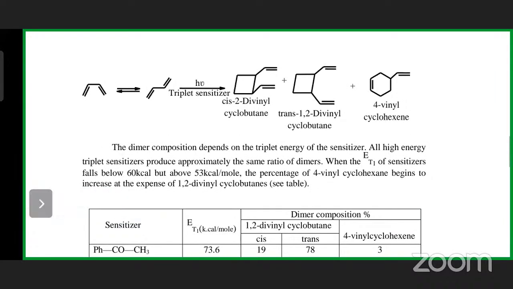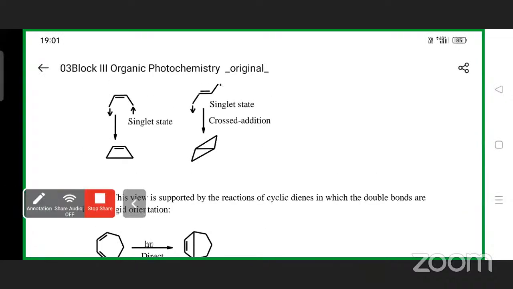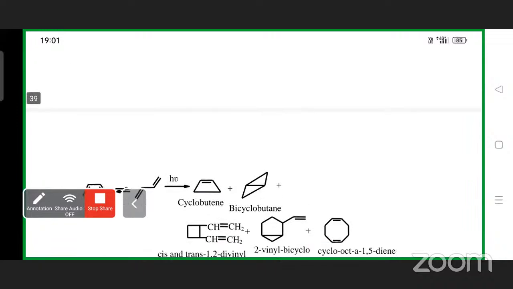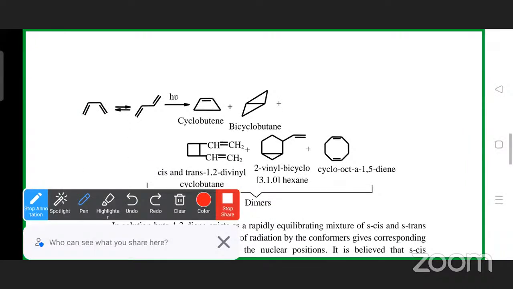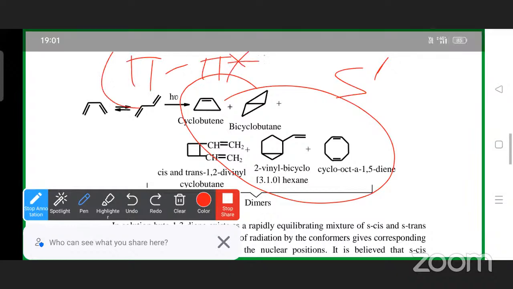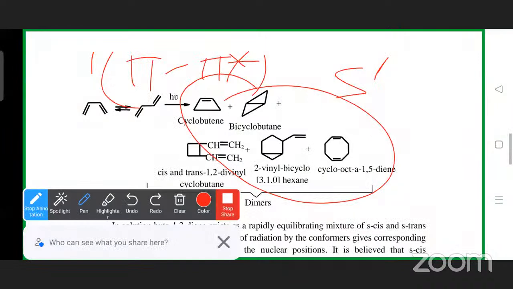And here is the triplet sensitization. All these products come from the singlet state, the involvement of the pi to pi star singlet state.